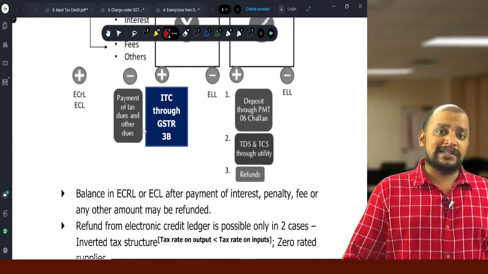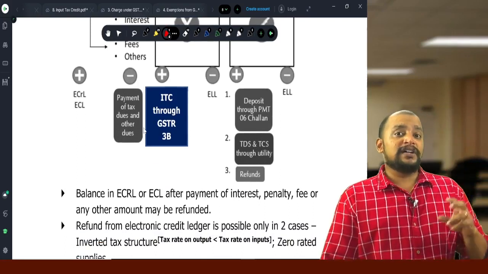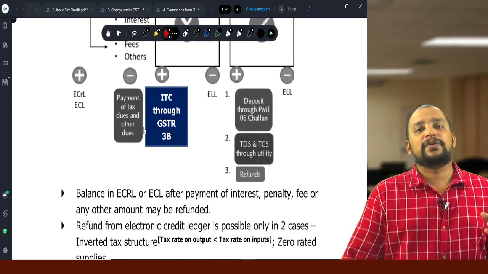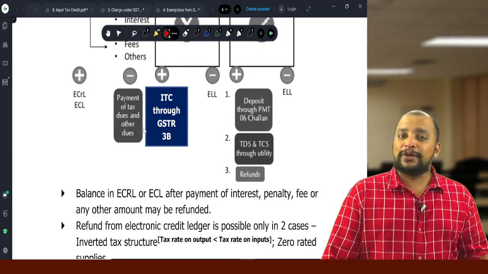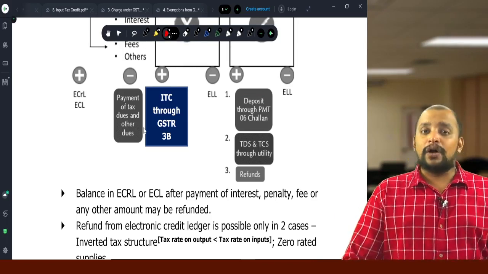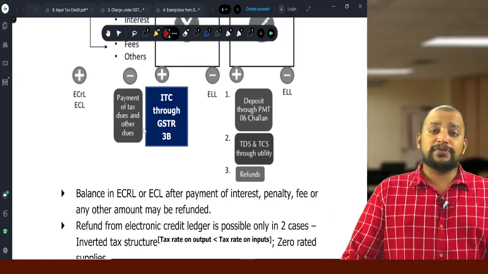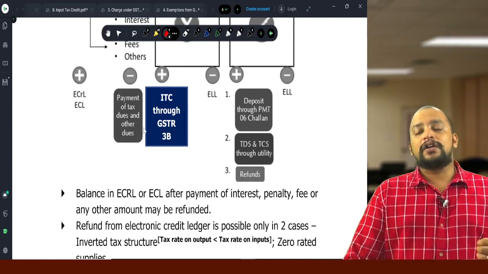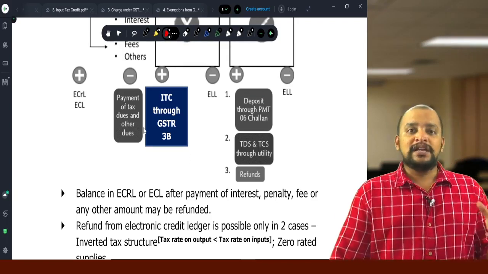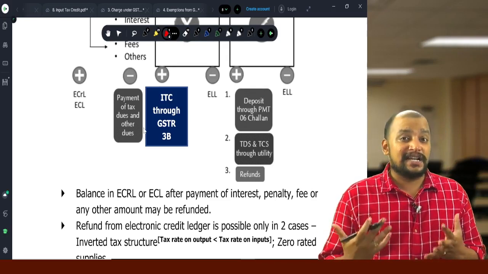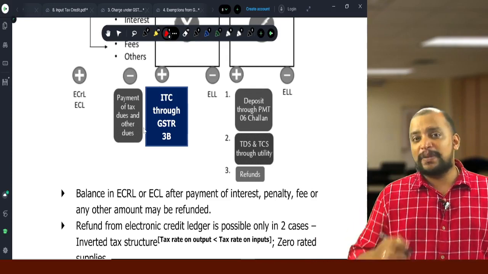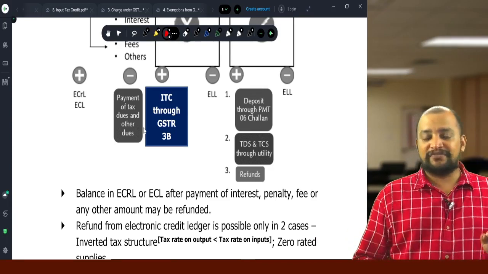Not only that, even on account of taking the ITC on closing stock under section 18 sub-section 1, where a person is liable to get registered and makes an application for registration within 30 days, or voluntarily gets registered, or moves from composition scheme to normal scheme, or outward supplies which were exempted now become taxable. In these cases we avail the ITC on closing stock, and that ITC will be availed in ITC 01 by filing one form.